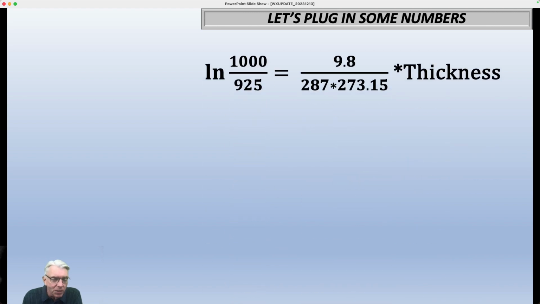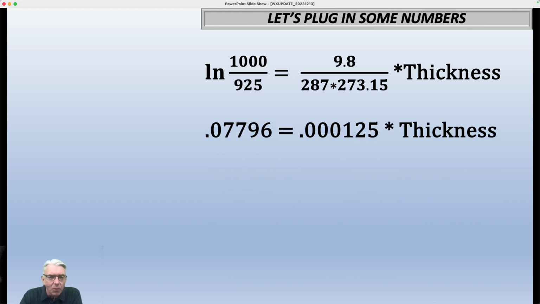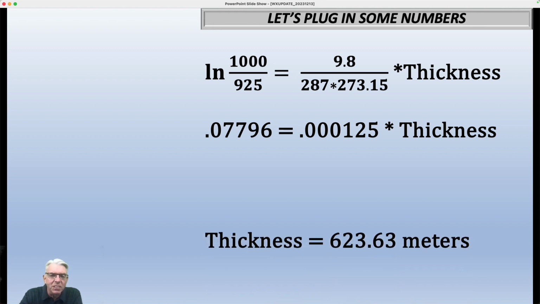All right, so here we go. Let's plug in some numbers. So the natural log of 1,000 over 925 is equal to 9.8 times 287 times 273.15 times the thickness. Now, the natural log of 1,000 divided by 925 is 0.07796. And the ratio of 9.8 to that other product there is 0.000125 times the thickness.